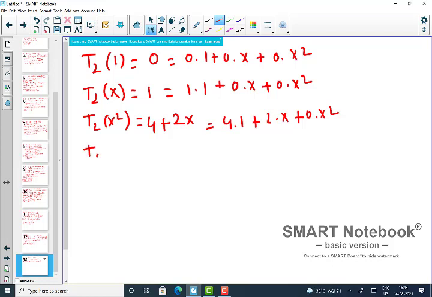Similarly, T2 of x cube: the first derivative gives 3x square, and the second derivative gives 6x, and there was a 2, so 12x.